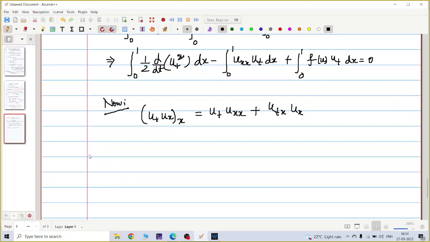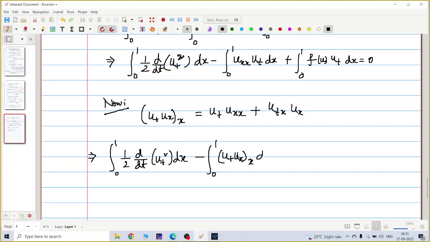So I will get integral 0 to 1, where the first term remains the same, minus, and I just replace the second term.